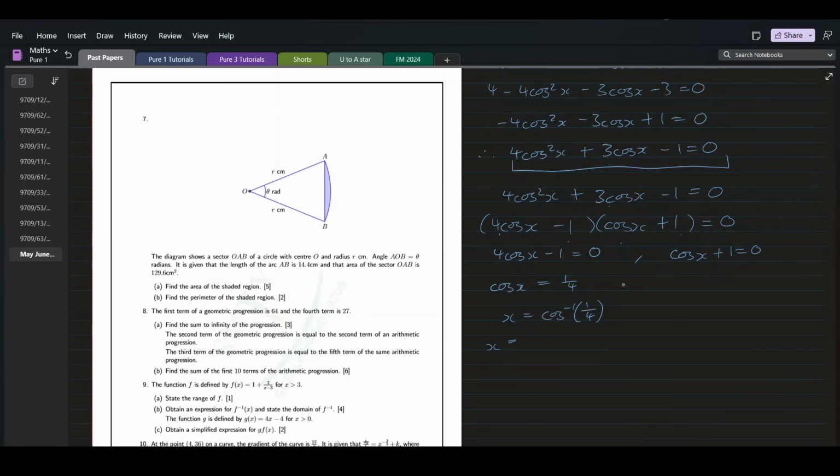x is equal to, if you punch this into the calculator, and note that we are in degrees, arc cos of 1 over 4, that gives us x is equal to 75.522.